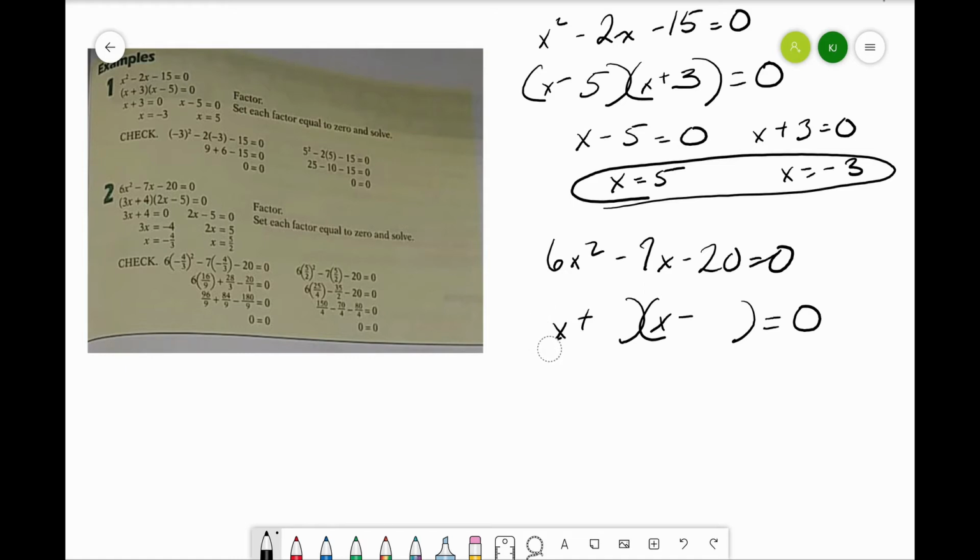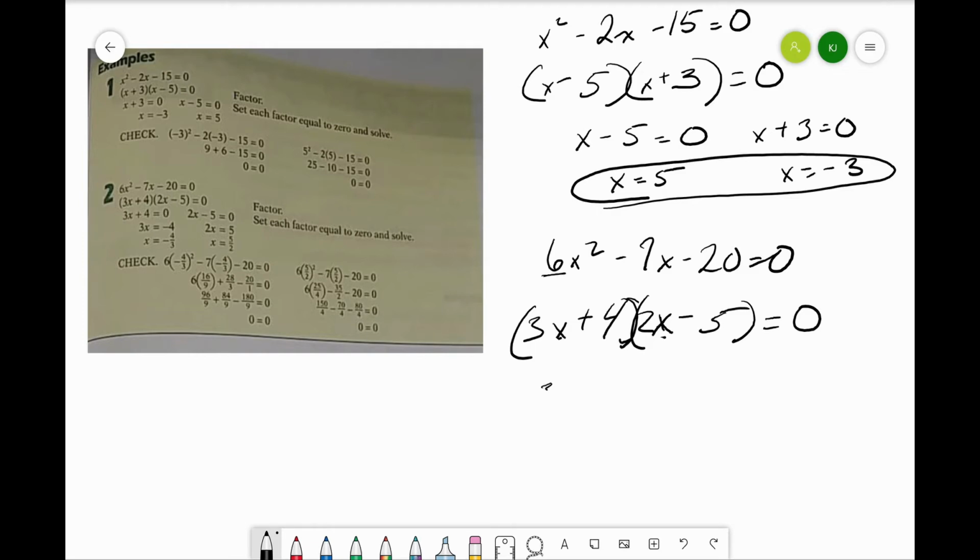And because we have a 6 here, we need something that's going to also help factor that 6 in. So these are going to be 3 and 2, as 3 times 2 will get us 6. Then we have 20 when multiplied together, and added together we need 7. So we have 4 and 5.